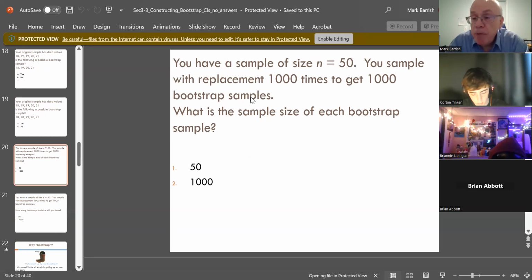Now, this is where students get mixed up. You have a sample size of 50. You sample with replacement 1,000 times to get 1,000 bootstrap samples. What is the sample size of each bootstrap sample? Is it 50 or 1,000?